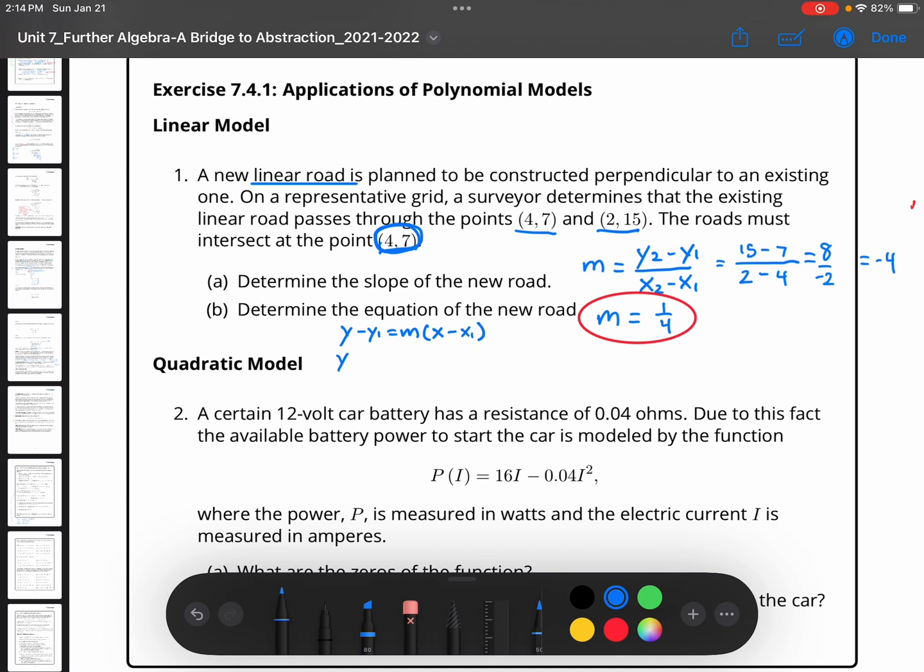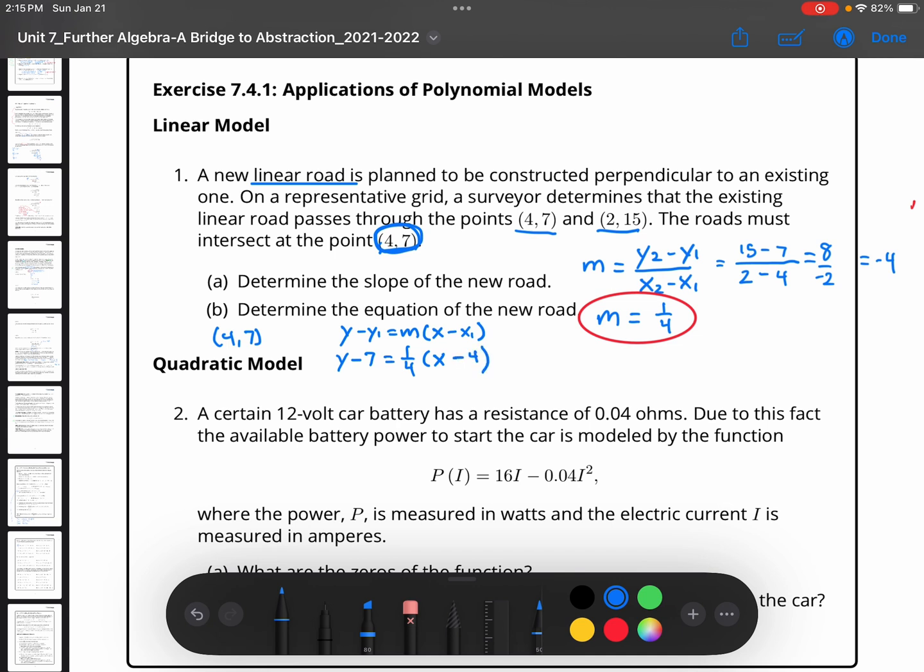So y stays a y. For y1 you can pick, in this case, as it wants me to intersect through (4, 7), I'm going to pick that point: y1 is 7, slope is 1/4, and then x1 would be 4.